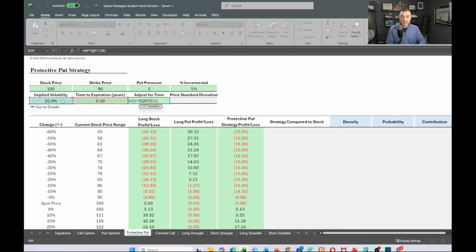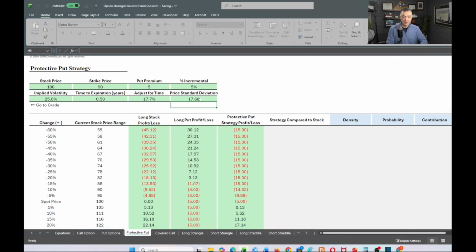So that's how you find it. It's the volatility standard deviation multiplied times the square root of time. And then we want to know, what is the price standard deviation? Well, it's the standard deviation adjusted for time multiplied times the stock price. That just says it can deviate positive or negative by 17.68.